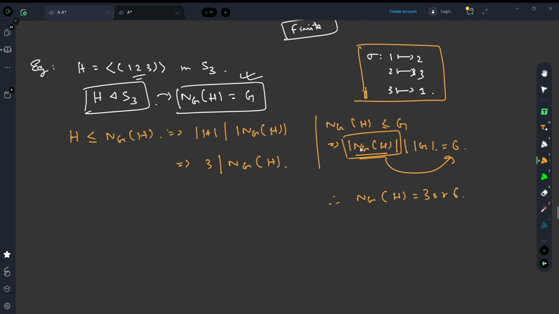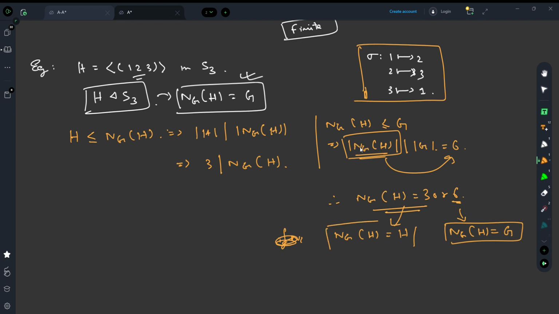Now, if the order equals 3, then the normalizer of H in G must equal H. And if the order is 6, then the normalizer of H in G must equal G. So we just have to check one of these two conditions, because both can't occur simultaneously.